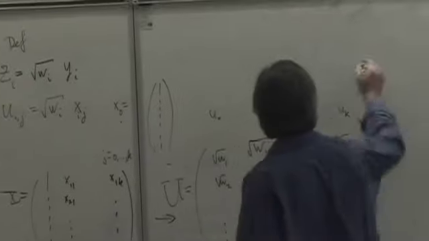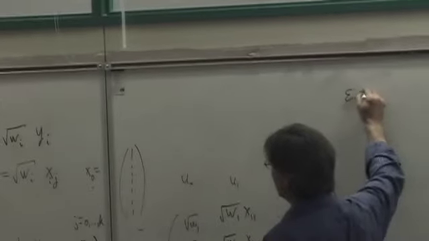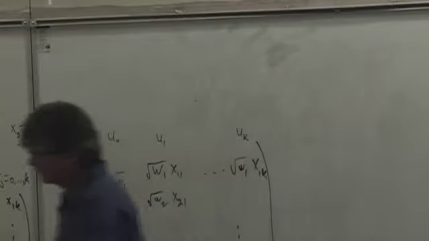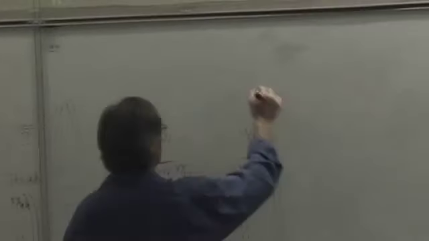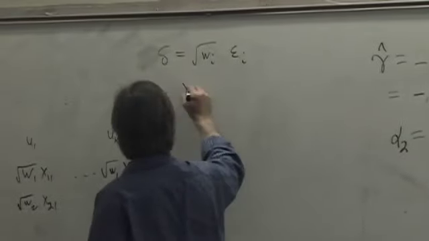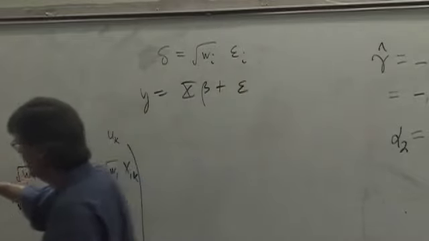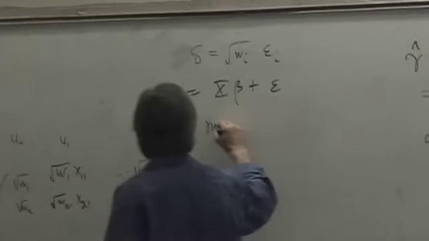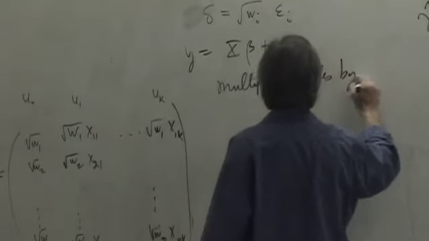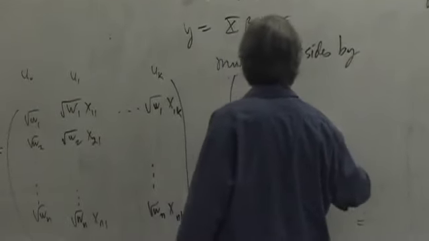And then my epsilon. So what happens if I just change my errors by calling delta equal to the square root of wi times epsilon. Okay. So what I have is y equals x beta plus epsilon, and all I'm going to do is multiply both sides by the following matrix: the diagonal matrix with square root of w1 down to square root of wn.